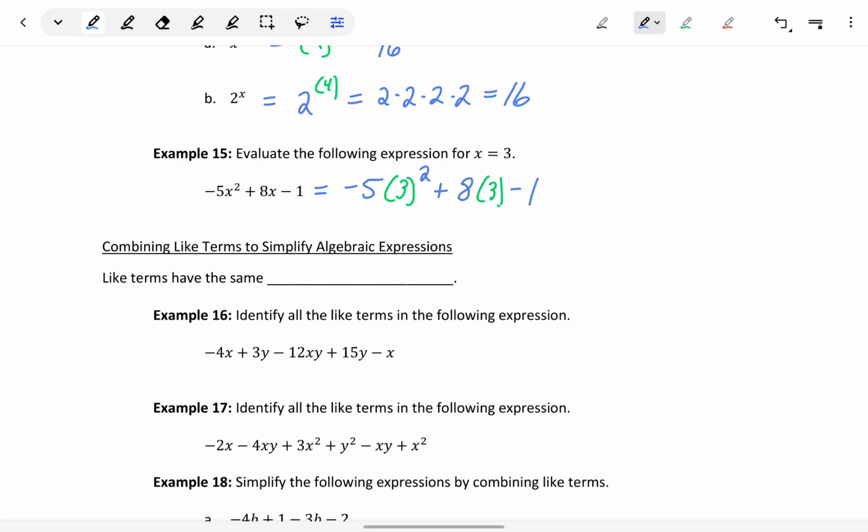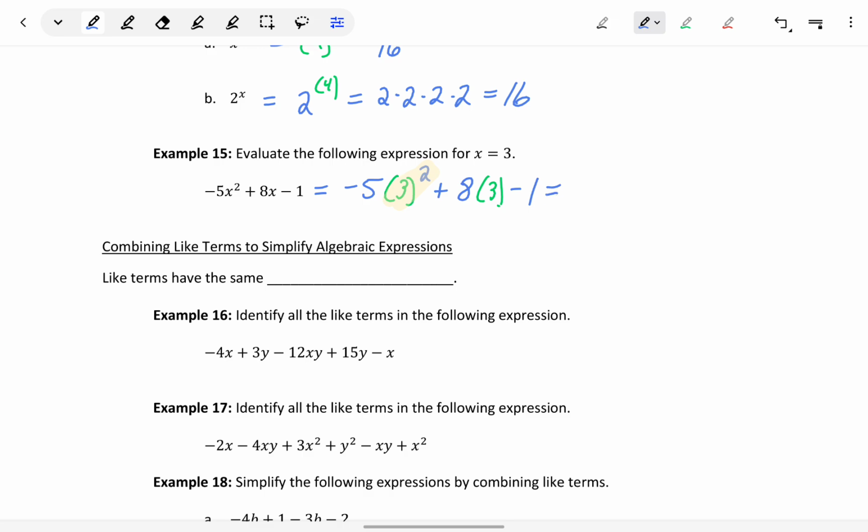So everywhere an x occurs in the problem, I've substituted that in, so that we now have -5 times 3 squared plus 8 times 3 minus 1. Again, keep in mind that the exponent only applies to whatever it's directly next to. So the only thing that's being squared in that first term is the 3.